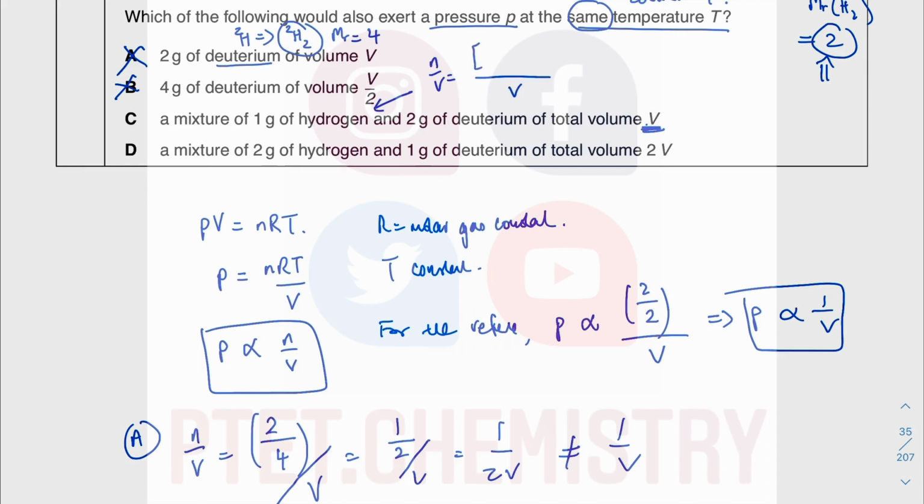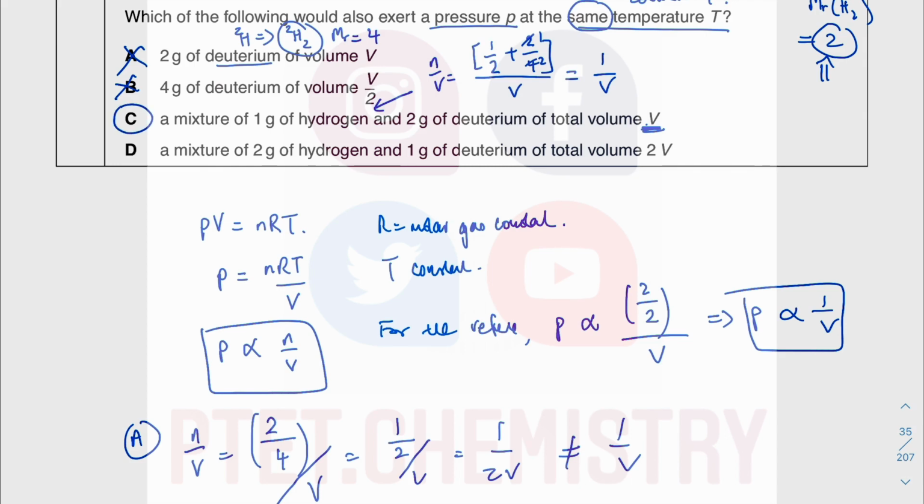So it's 1 over 2 for the hydrogen, 2 over 4 for the deuterium, and the total volume is V. You sum up the number of mole. That is a half plus a half, which is 1, so it's 1 over V. There you go, C is the correct answer.